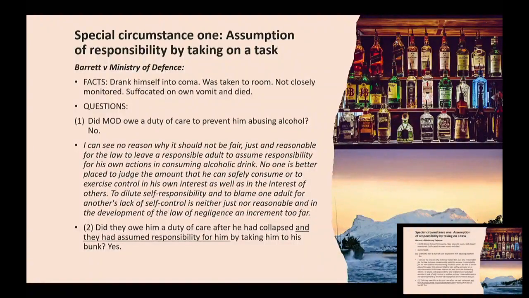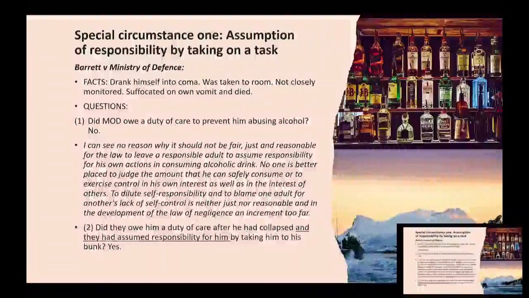But the second question, did the Ministry of Defence owe a duty to take care of Mr. Barrett after he had collapsed and they had assumed responsibility by taking him to his bunk? And the answer here was yes.